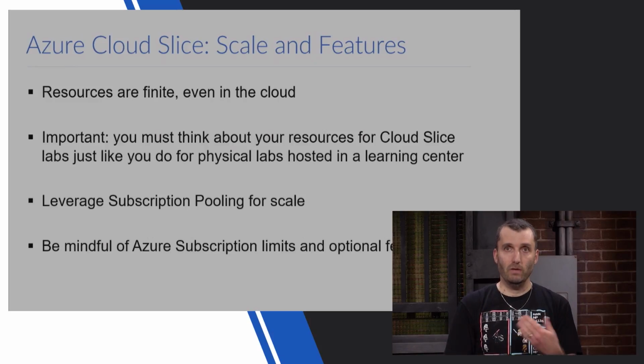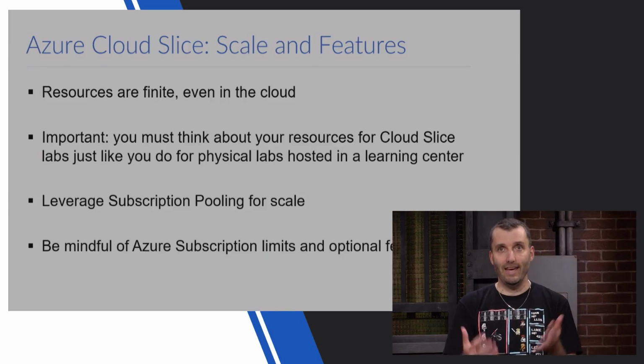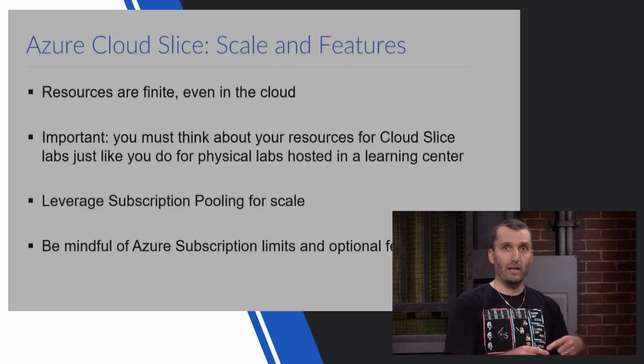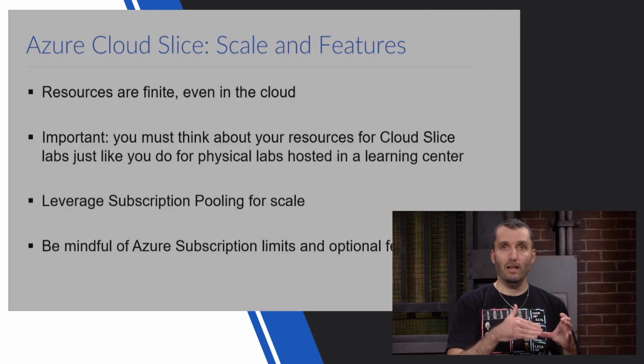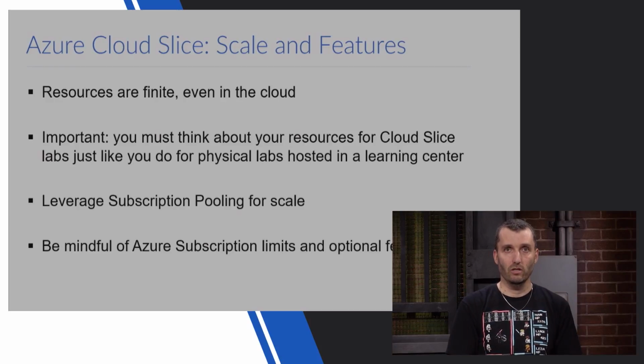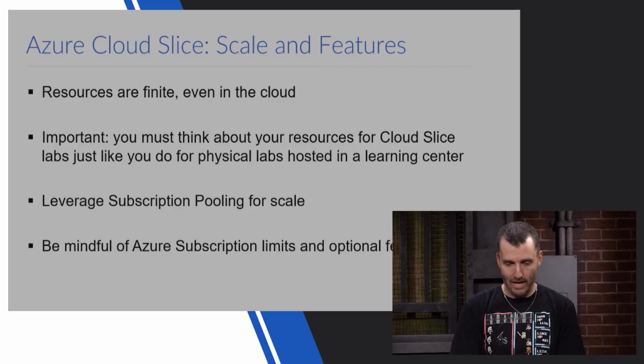And the best way you do that is by running through your tests for your lab, and you see, oh, it can't deploy this resource because that resource type is optional, not on by default. I got to go back to all of my subscriptions in the pool that's configured, that's connected to this lab, and make sure that that feature is on so that no matter which subscription the student hits, they get that feature. And so you just need to be mindful of that.